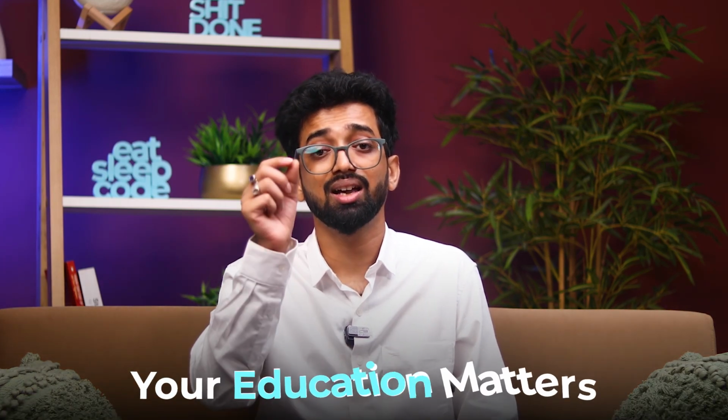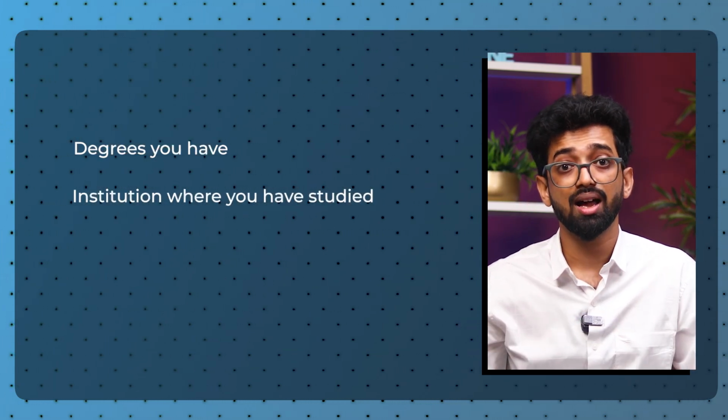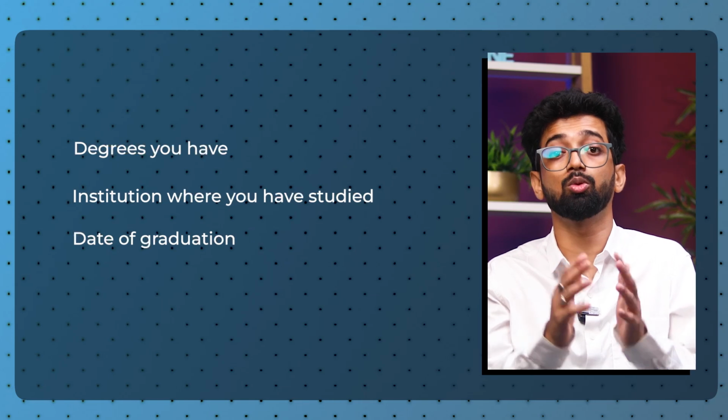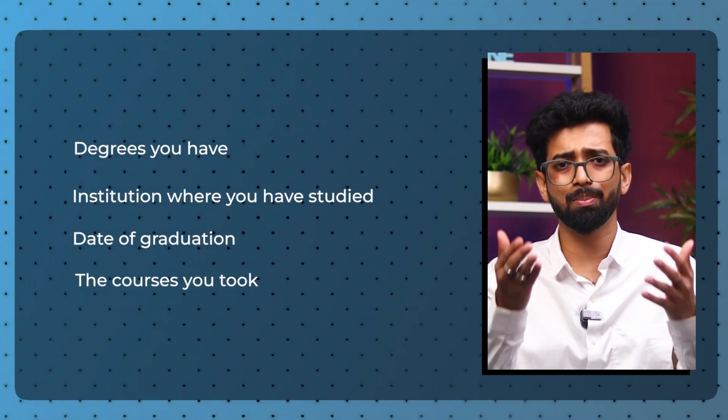Now it's time to add the education section. For most tech roles, your education matters, but it's often secondary to your experience and skills. List whatever degree you have, the institution where you have studied, and the date of graduation. You can also add the courses you took, but they should be relevant to the job you are applying for.